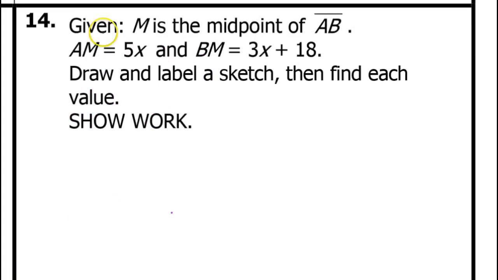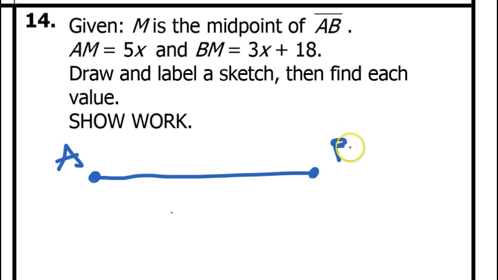Number 14, given M is the midpoint of AB. First, let's draw that. So AB is a segment, so you go ahead and draw your segment AB, something like this. And then they tell you M is the midpoint, so right in the middle, there's point M. If M is the midpoint, of course, that means that these two segments are congruent.